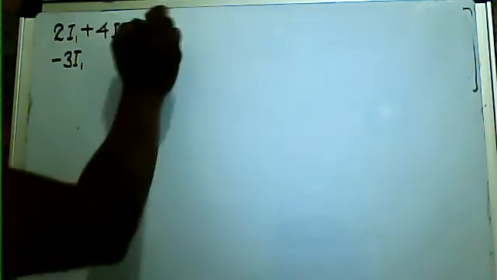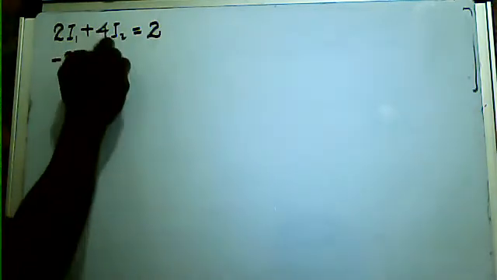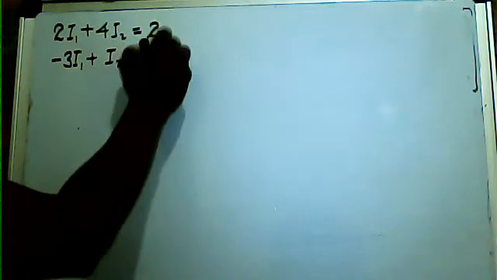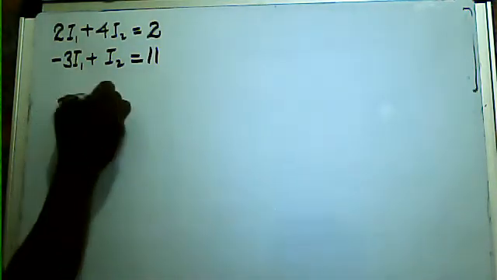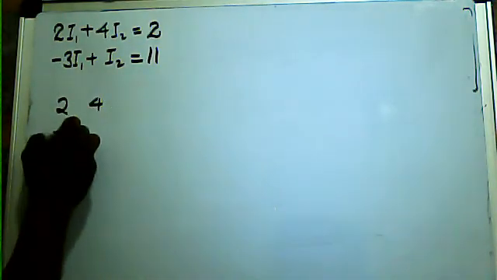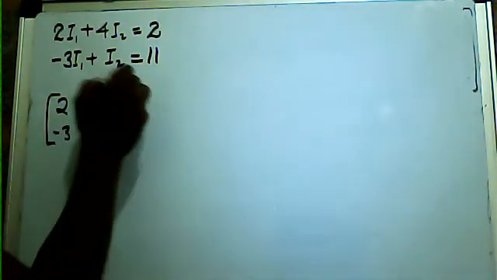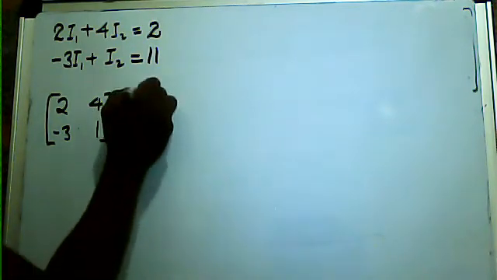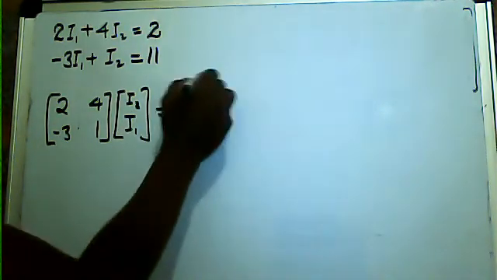Okay, I thought you were sleeping. I'm happy you are awake. So we write this as a matrix, which will be 2, 4, minus 3, 1, multiplied by I1, I2, is equal to 2, 11.